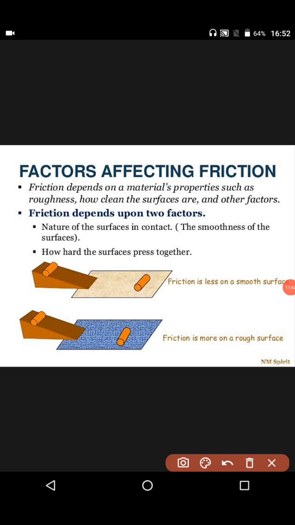Roughness, I already told you this. It will depend upon the roughness also. That means just now we discussed the nature of the surface in contact, so friction depends upon these factors. Surface smoothness and all, you should be careful. That activity is given in some other way, but I have explained it in an easier manner.